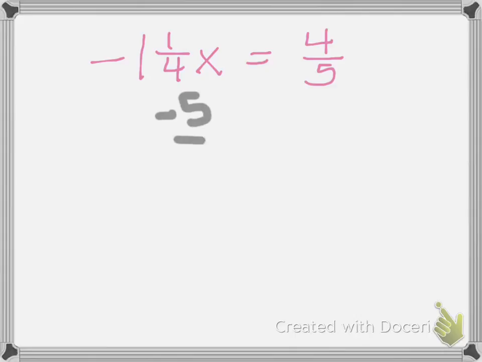Okay, now you can try. If I have negative 1 1/4 x, and that's going to equal 4/5, you can pause this recording and try to figure that one out on your own. Okay, what we're going to do first is change the negative 1 1/4 into its improper fraction counterpart. So 4 times 1 is 4, plus 1 is 5. So we have negative 5/4 x equaling 4/5.